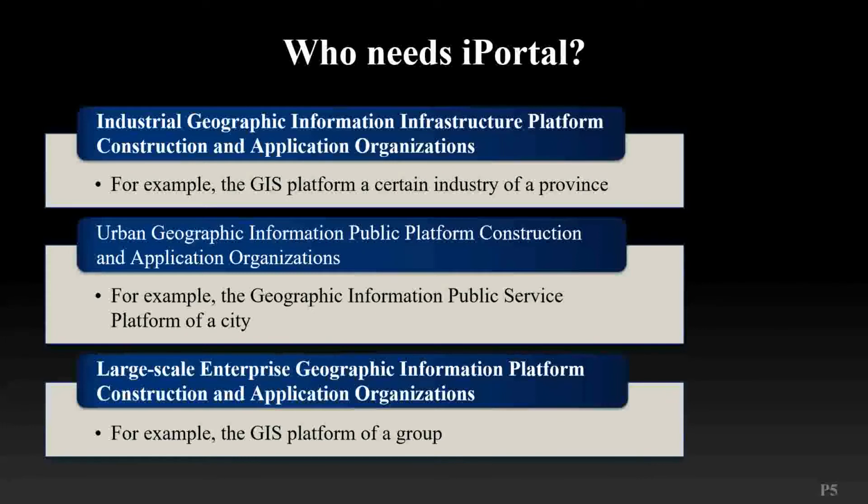So a map is also another resource of iPortal. And 3D is also one of the resources. The dashboard is one of the resources, and the web app is also another resource. So iPortal can help us to organize all of these resources.